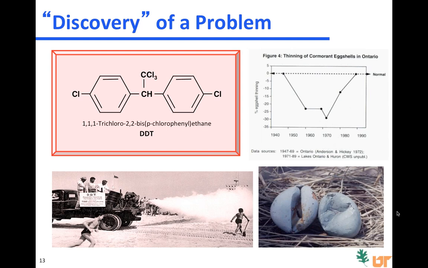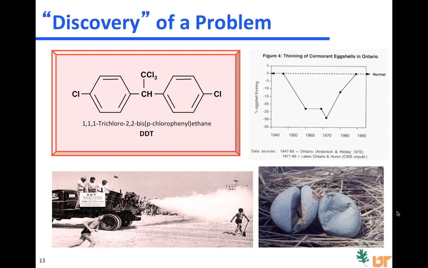And starting with the use of DDT to the end of DDT use, you can see that the eggshells were significantly thinner. And at the bottom, you see the consequences. When the bird tries to sit on the eggs, they would break. So the use of DDT had a tremendous impact on bird populations and actually also other predatory or at the end of the food chain organisms, including humans.